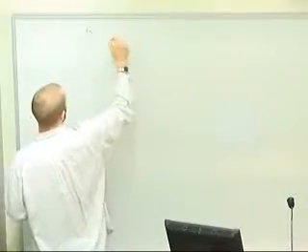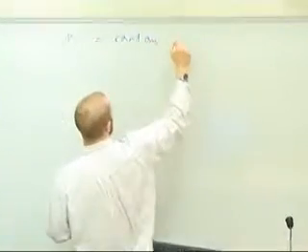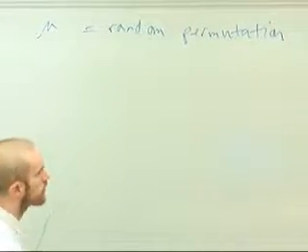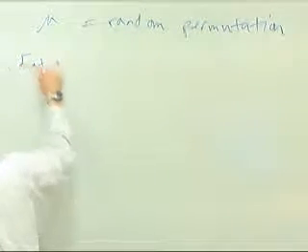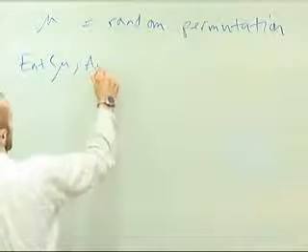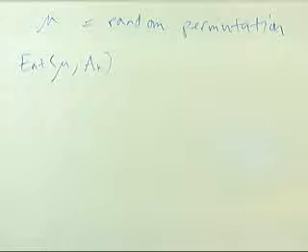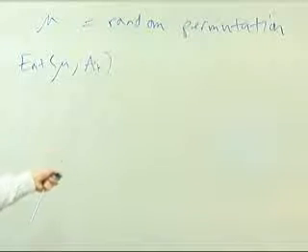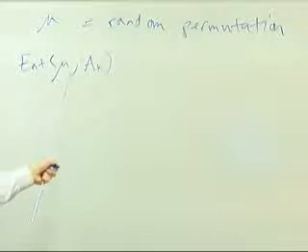Here I'm using some new notation. You have some random permutation mu, and I'll say that the entropy of mu on A_k, written mu comma A_k, is my notation for the contribution of the indices in A_k to the entropy of mu.